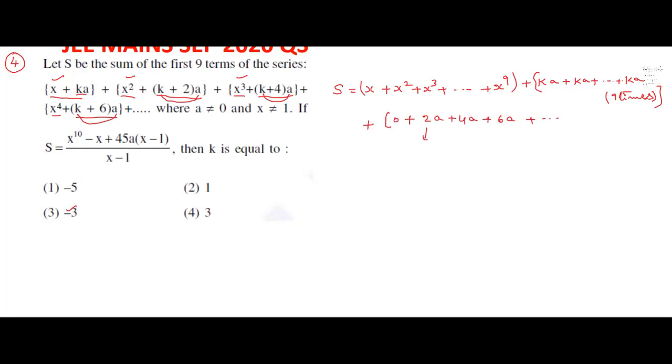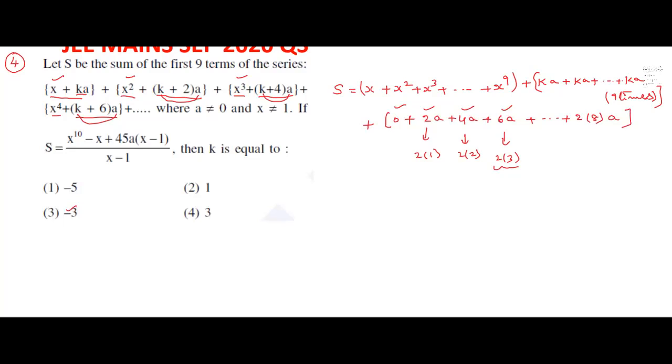This is 2 into 1, this is 2 into 2, this is 2 into 3. This is first, second, third, fourth. The fourth term, what have we written? 2 into 3. But the ninth term, what can we write? 2 into 8 into A. This is the ninth term.